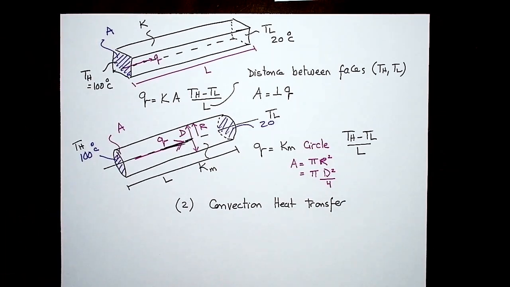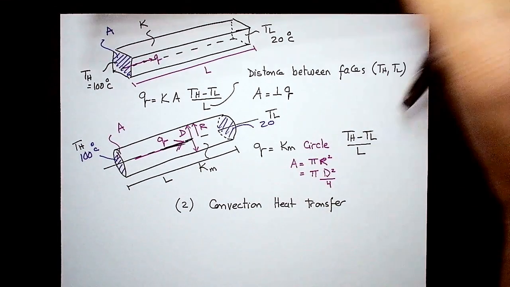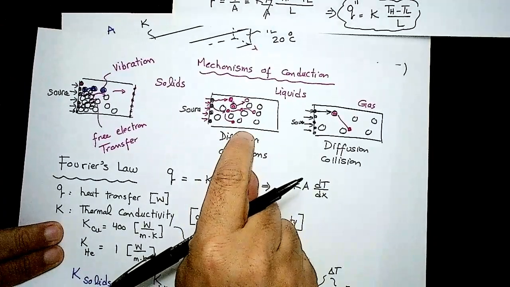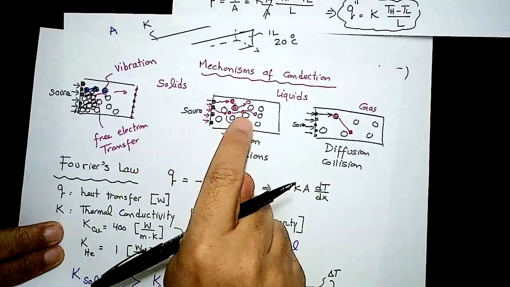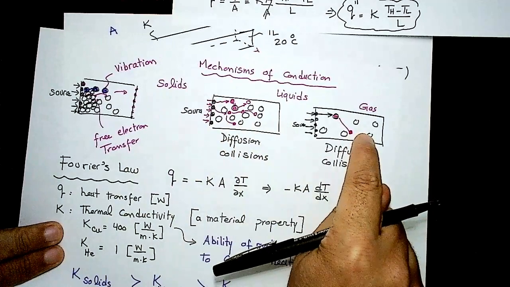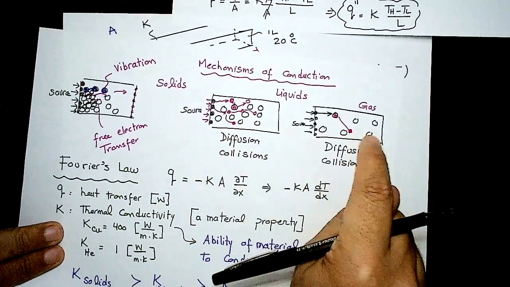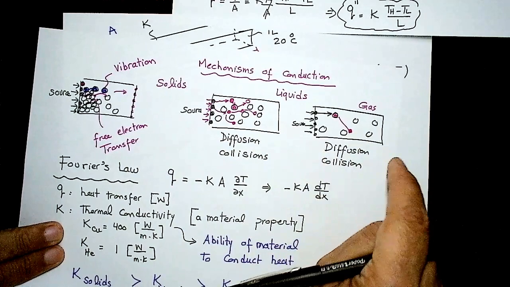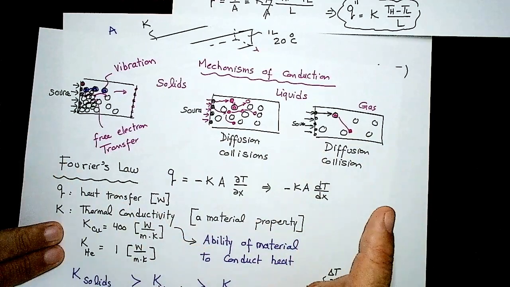Remember when we talked about conduction, we said almost there is no motion, right? So even when we explain the conduction in solid, liquid, and gases, we talk about stagnant fluid: solid, stagnant liquid, or stagnant gas. They are not moving. But we know that even if the liquid is stagnant or the gas is stagnant, the molecules are not.